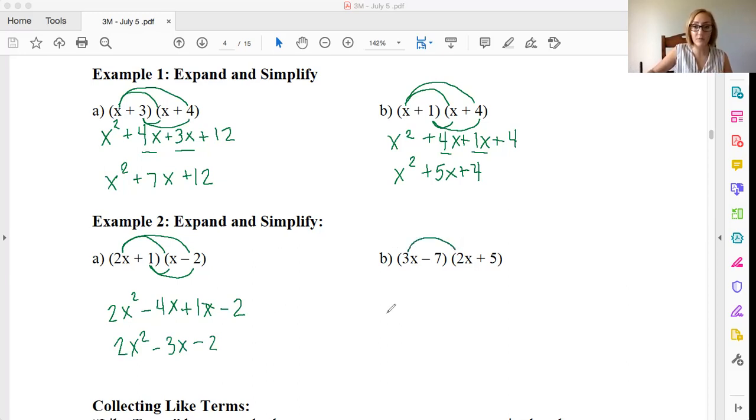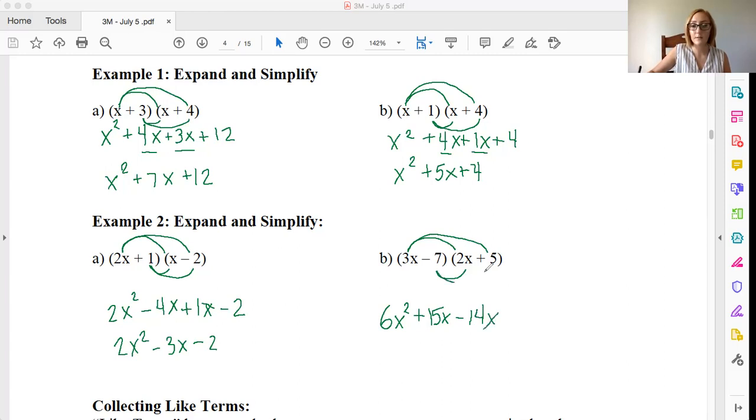So here, same thing. You're going to multiply the coefficients. So 2 times 3 is 6x, and then we're adding our exponents. We're going to do 3x times 5. So 3 times 5 is 15, and then x. Negative 7 times 2x will give you negative 14x.